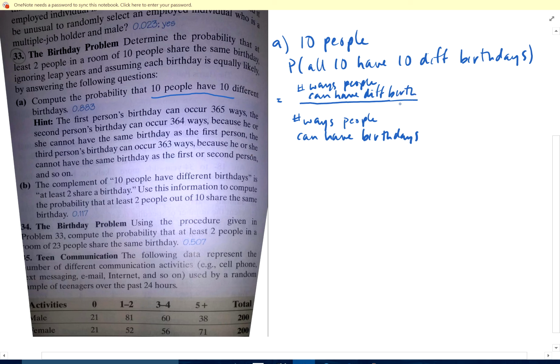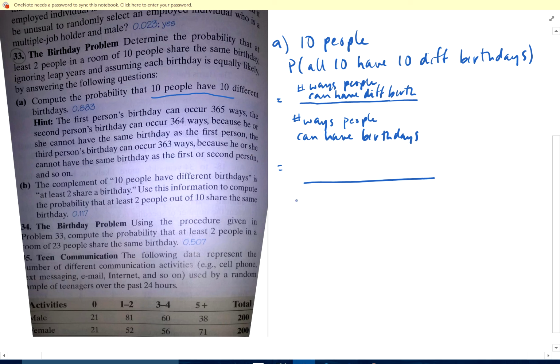Does that make sense? So it's the total number of ways people can have birthdays in the denominator, and then in the numerator, how many ways can they have a different birthday? Kind of like how many different ways can you drive a particular path across the country, and so forth.